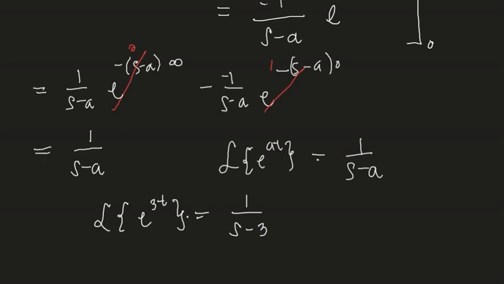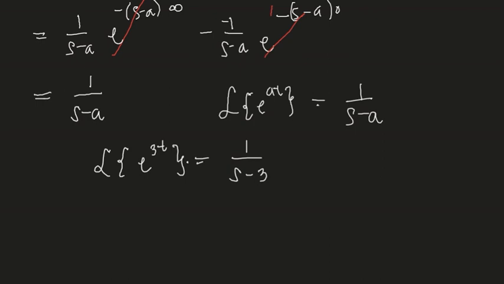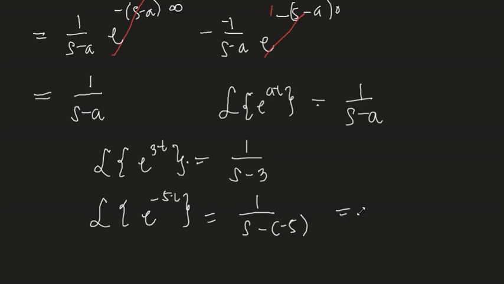That is quite simple if we already know the formula. For another example, to find the Laplace transform of e raised to the exponent negative 5t, this will be equal to 1 all over s minus negative 5, which is equal to 1 all over s plus 5. So that is how simple the Laplace transform of an exponential function is.